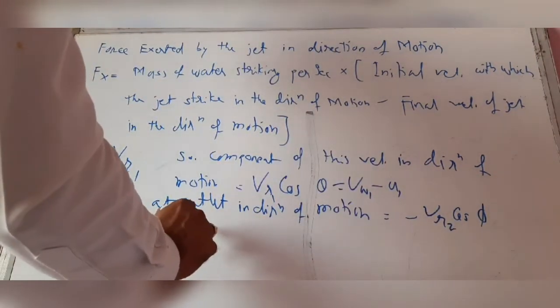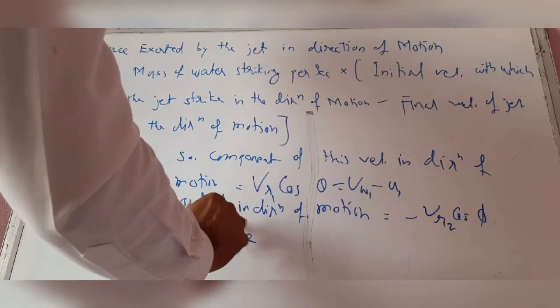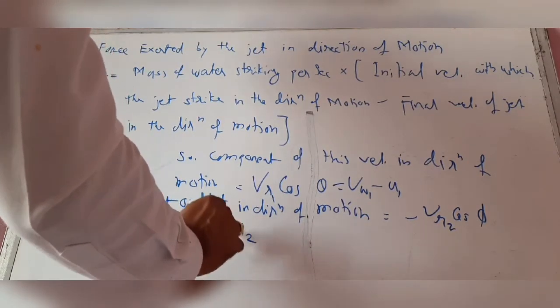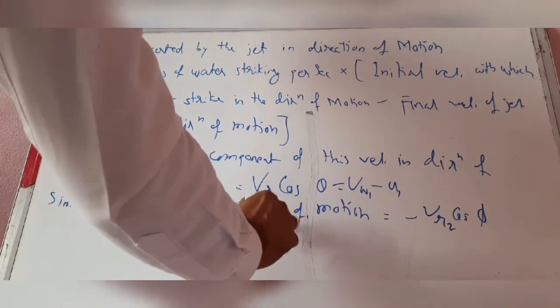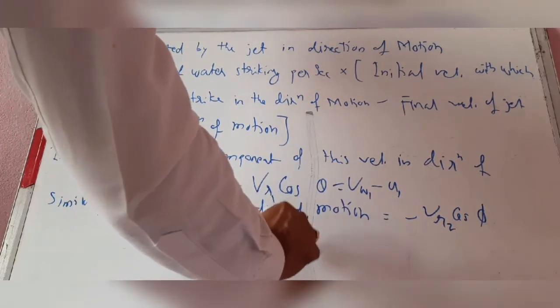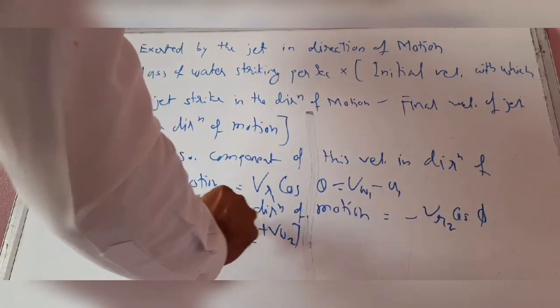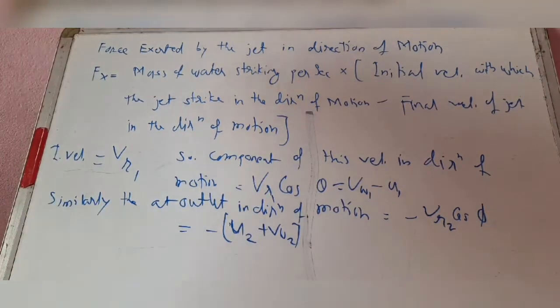So this comes minus u2 plus vw2. These are clear from the inlet and outlet triangles. Here the negative sign shows that the component of VR2 in the direction of motion is in opposite direction to that of the jet.